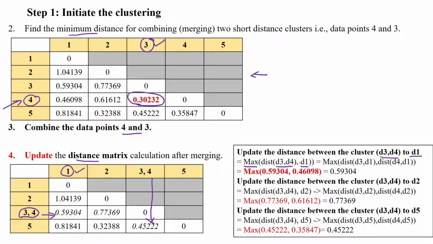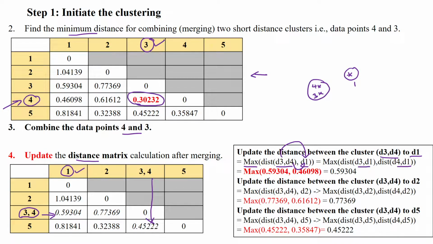We are finding the farthest distance between d3 comma 4 and d1. So we calculate the distance between d3 and d1, and the distance between d4 and d1, then take the maximum.